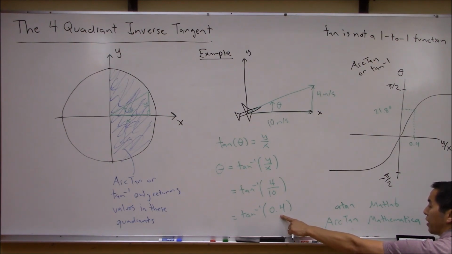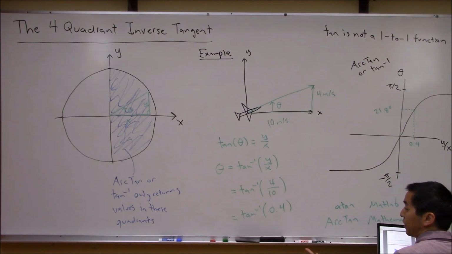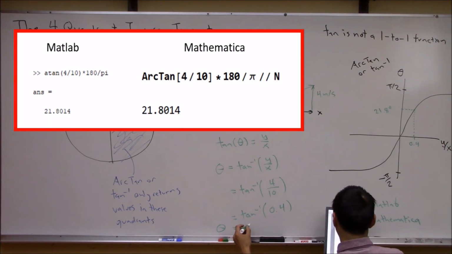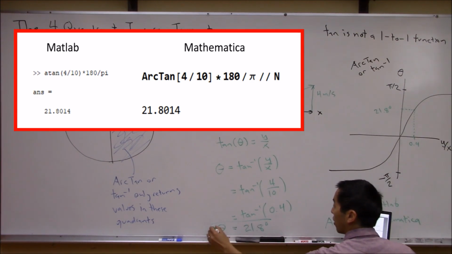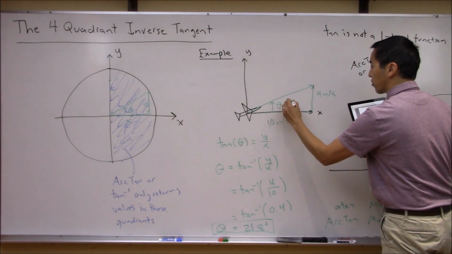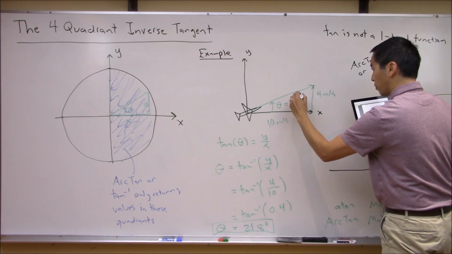This is a trivial calculation. Here's a screenshot of what it did for me when I plugged it in, but you basically get theta is, in degrees, 21.8 degrees, right? And that seems totally fine, hunky-dory, and reasonable. This looks like 21.8 degrees.